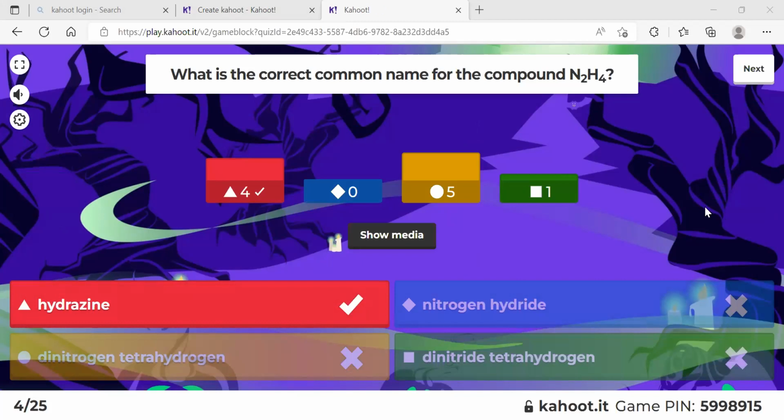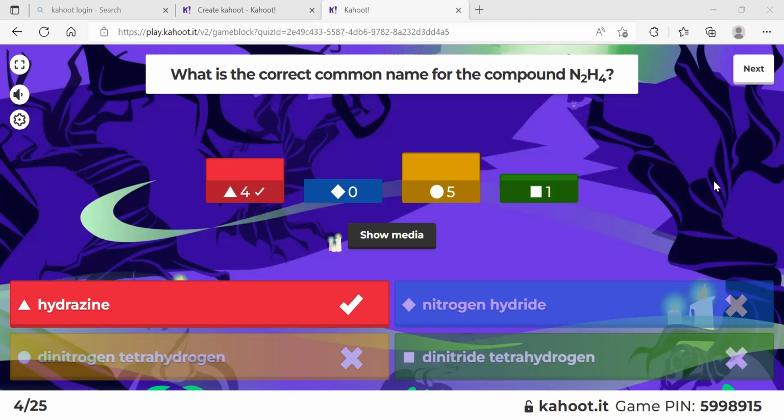Okay, you guys. So I want to stress to you guys that when it comes to the study guide, I gave you guys a table that has some common names for molecular compounds.